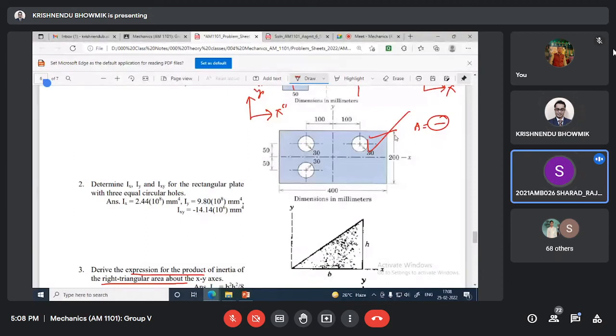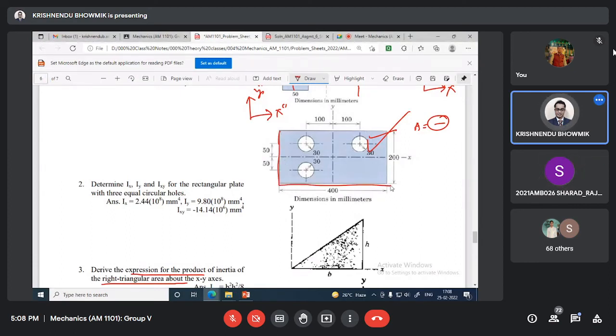So what you have to do in this problem? This problem finally you have bigger value, portion 1, portion 2, portion 3 and portion 4.